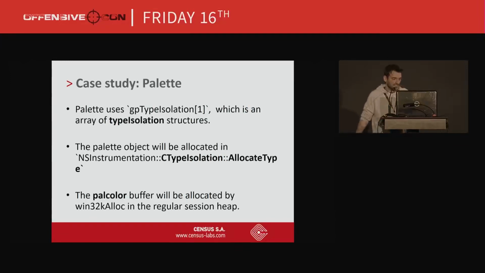Now the palette is using the second entry of the gpTypeIsolation. And actually in RS4, every palette is allocated by calling the CTypeIsolation allocate type function, while the pal color buffer, which contains the entries, is allocated on the regular session heap.